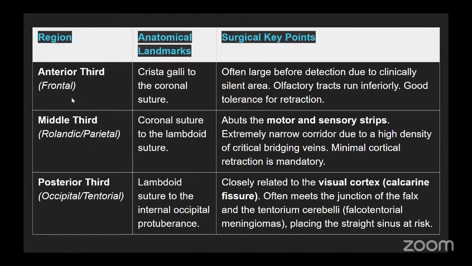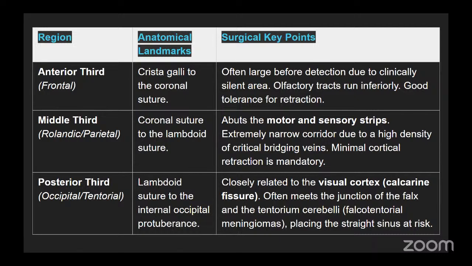If you look at this small chart, which has this comparison, the anterior third tumors are again large. Why are they large? Because they are silent, the area is huge. We have a lot of space, and the patient might have frontal lobe syndrome, but otherwise they present very late. Middle third presentation is similar to the parasagittal meningiomas. They usually present early because the area is way more eloquent than the anterior region.